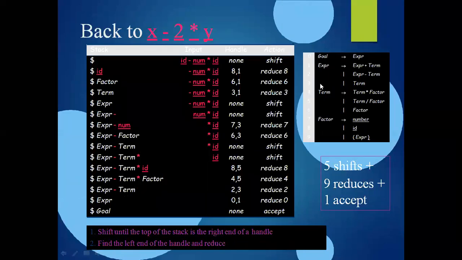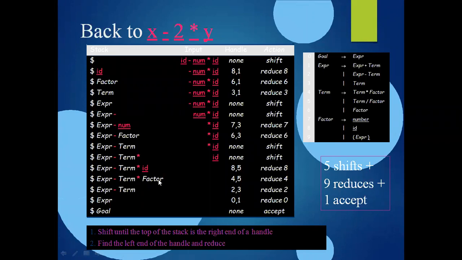What is the fourth rule? Term tends to term into factor, right? And again term into factor, which is the fourth rule. This is 4, and reduce the 4 to 2.